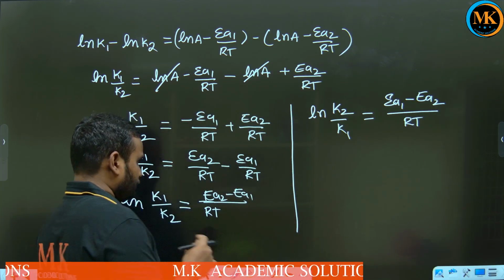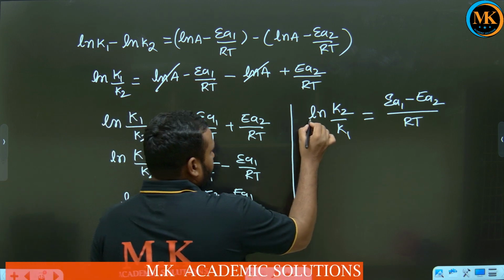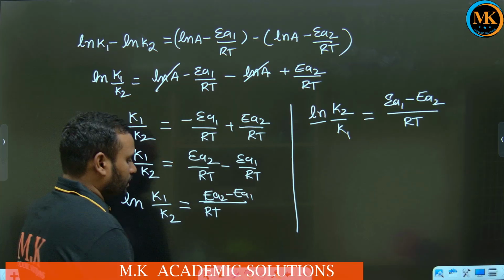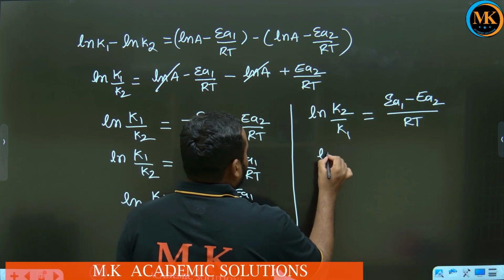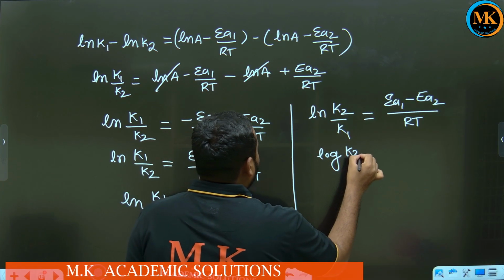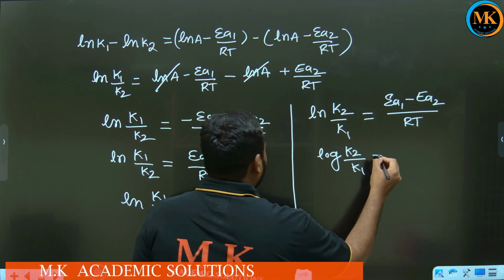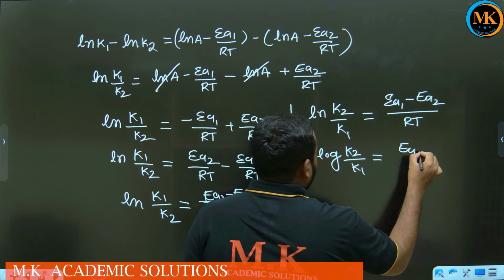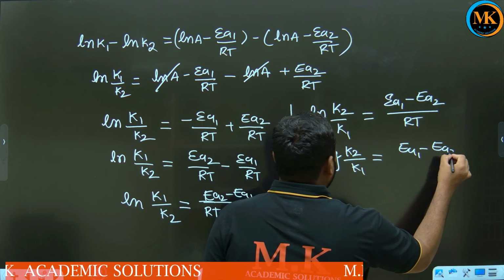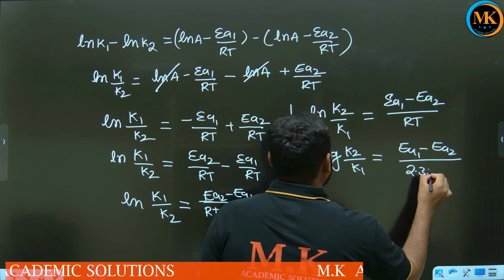Now here, instead of ln, you just write log. So log K2 by K1 equals EA1 minus EA2 by 2.303 RT.